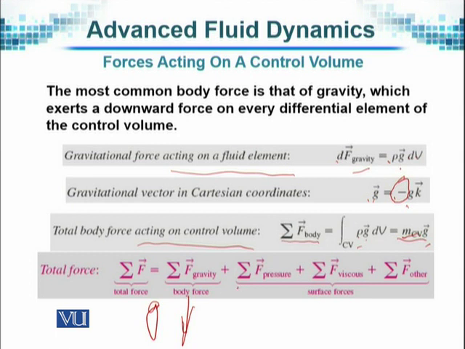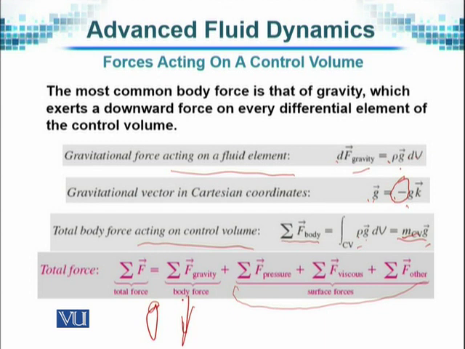The total force therefore looks like the summation of all external forces equals the summation of all body forces plus the pressure, the viscous forces, and any other force that may be present, all of which are clubbed together as surface forces, while the gravitational force is taken separately.